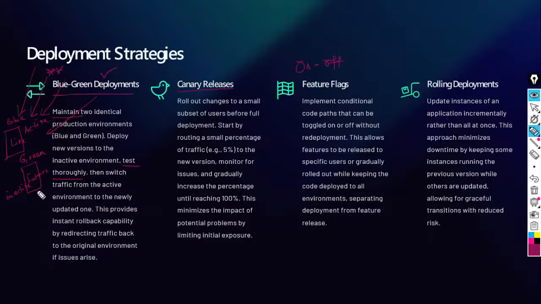When this is 100% tested and approved, all this time while you were testing, this production box was on and this was off. Once you are 100% sure, you divert all the traffic from here, make this off, and make this on.